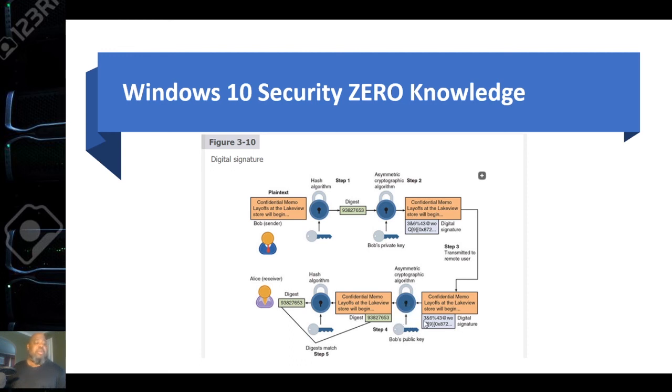She has Bob's public key and decrypts the digital signature. See that digest right there? So they know that with that digest, the message has been approved and accepted, and we know nobody has changed it. The digest hash of that was 938275653. So when Alice reads that hash, it's the same hash. So with zero trust, we know that message has not been changed or tampered with, and we know the secret in there is good.